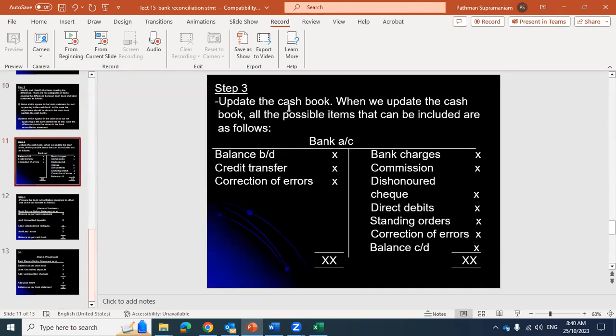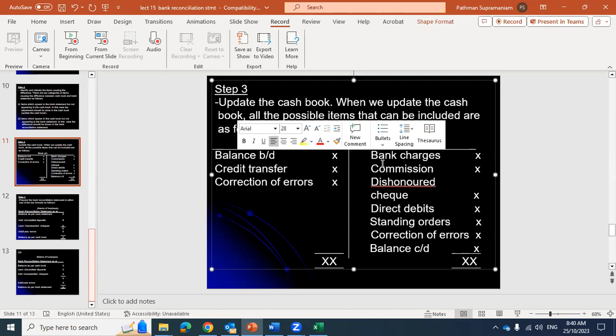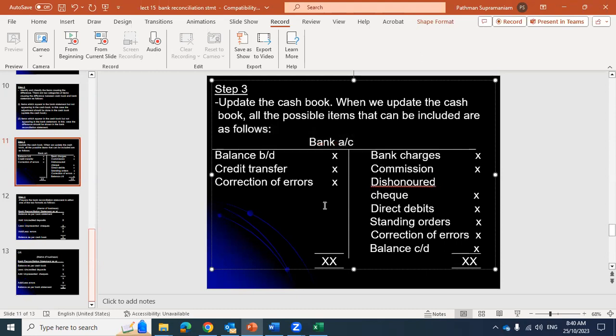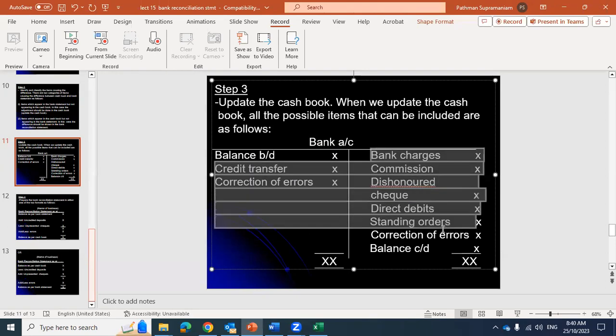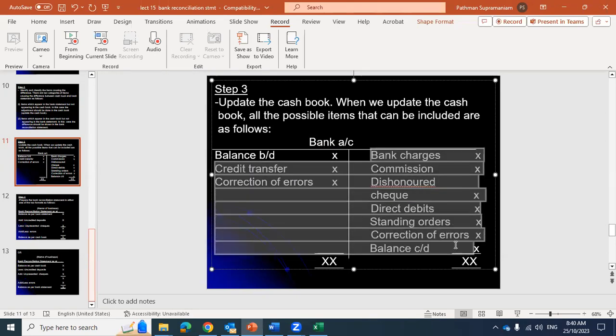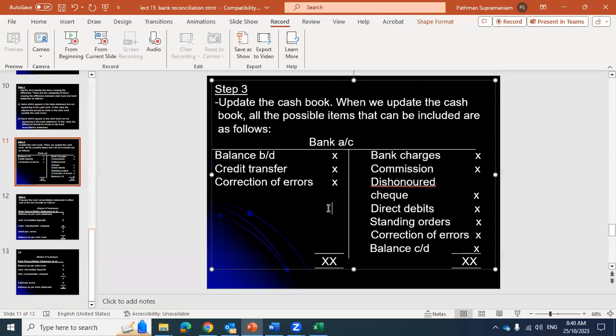In updating the cash book, what I've shown here is all the possible items that might appear in the updated cash book when we update them. We start off with the balance brought down.